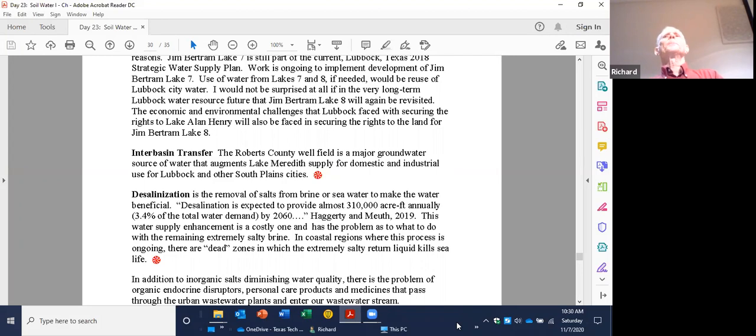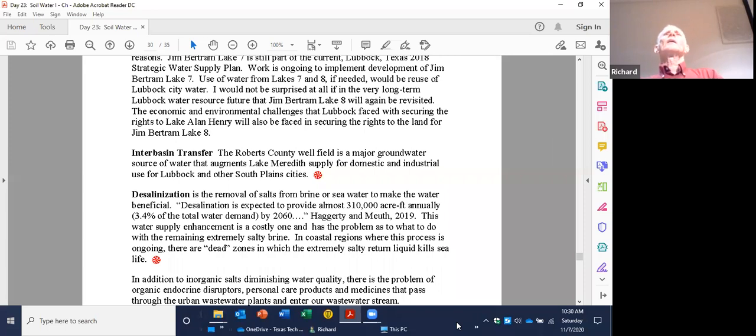If you ever drive up Interstate 27 from Lubbock to Amarillo, occasionally you will see a cement structure coming out of the ground that's about 4 feet in diameter with a metal cap on it. That's the access line to the water that comes from Lake Meredith and Roberts County in this way.